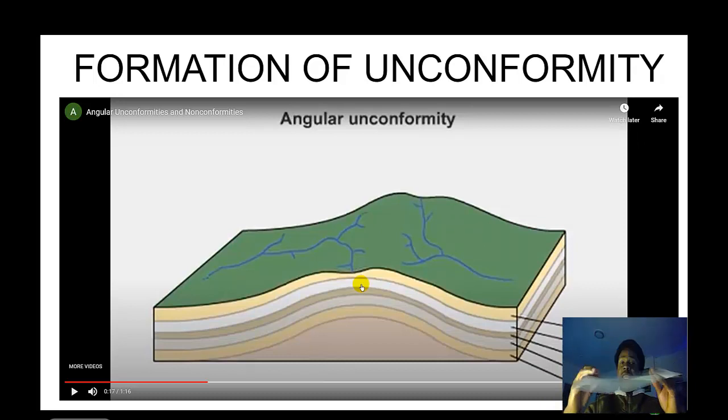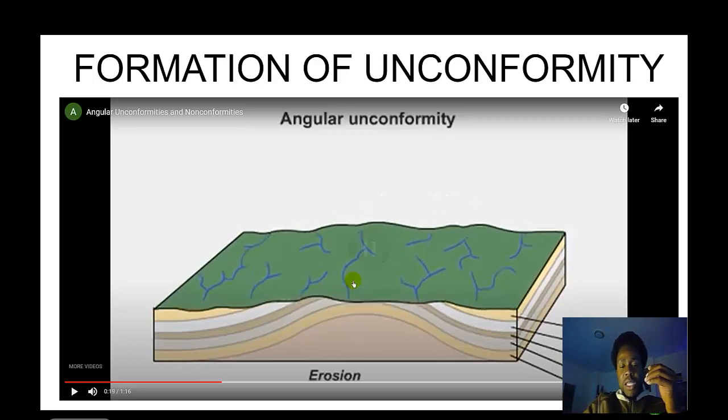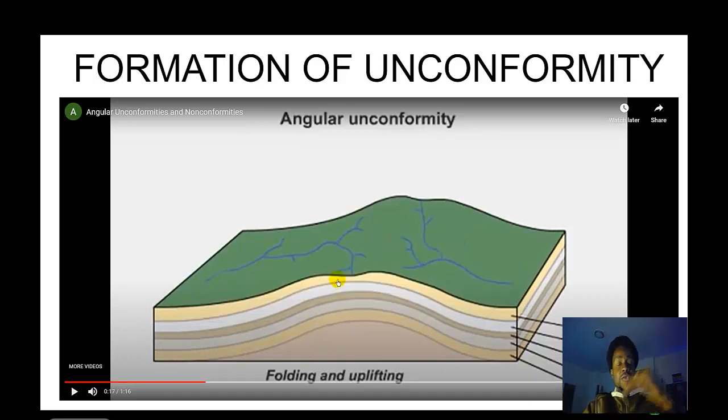Sedimentary rocks are laid down in horizontal layers, the law of original horizontality. And then when the forces of tectonic movement come in, it pushes it and makes it fold. And that is what is going on right here. So there is that folding due to tectonic movement. Then after that folding, whatever part of the sedimentary rock has stuck its head above water gradually begins to erode.